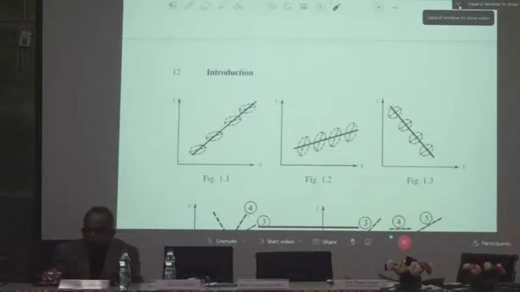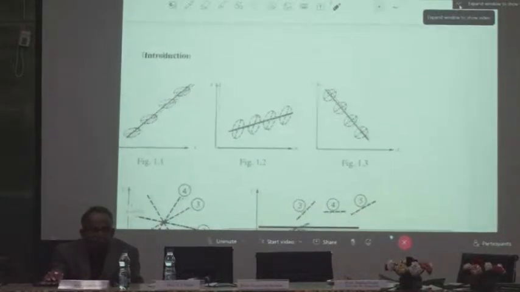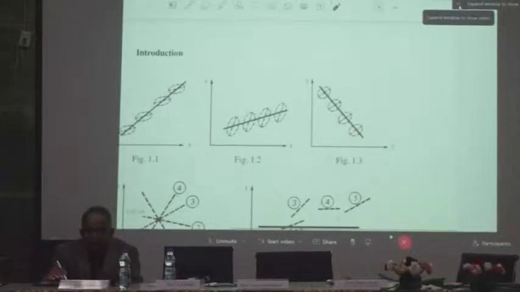So this is one graph. Now let's look at the second graph. What is happening in there? The relationship is still positively sloped in these lines, but the intercepts are negative. That's the difference between these two graphs.